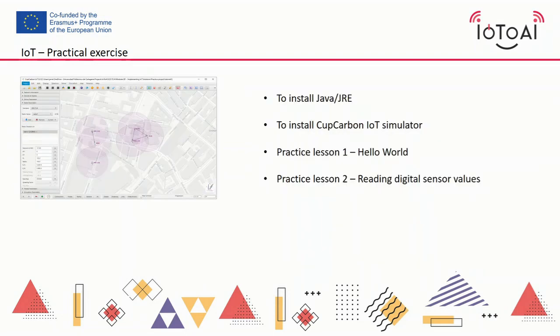So the students will have to install Java and Java runtime environment before installing Cap Carbon IoT Simulator. After that, there will be 2 practice lessons, Hello World and Reading Digital Sensors Value.